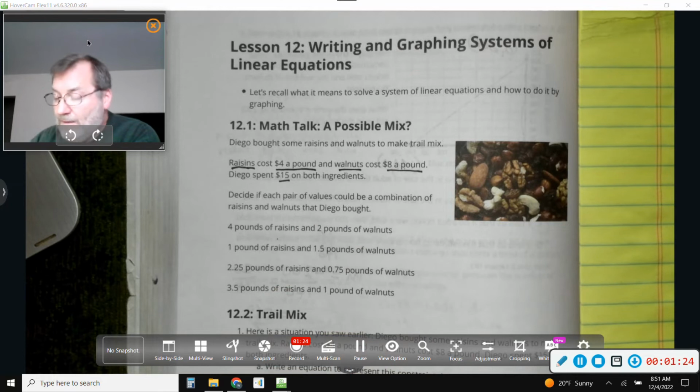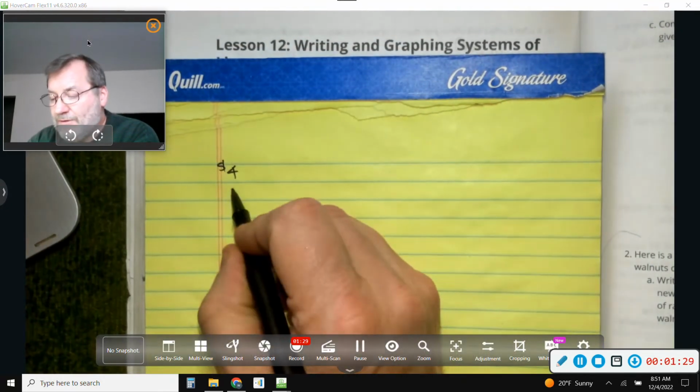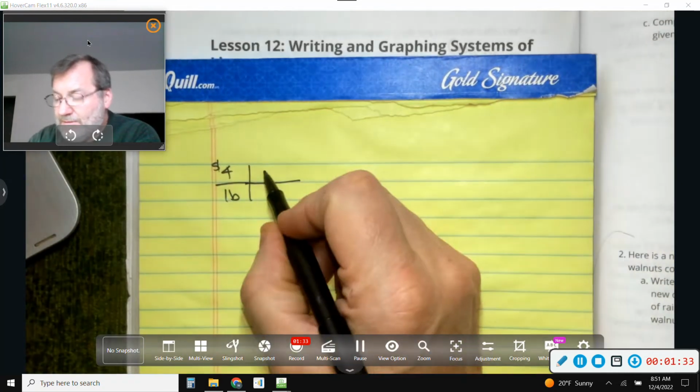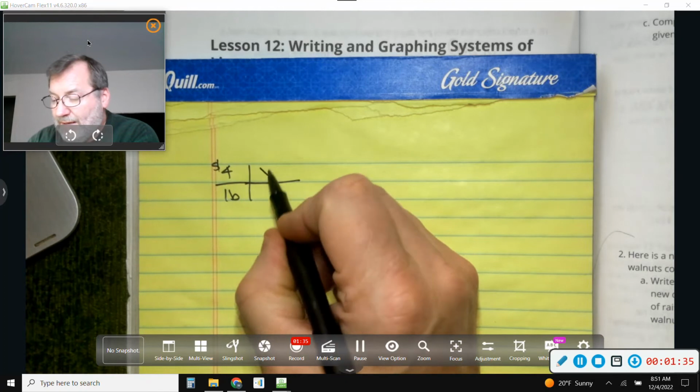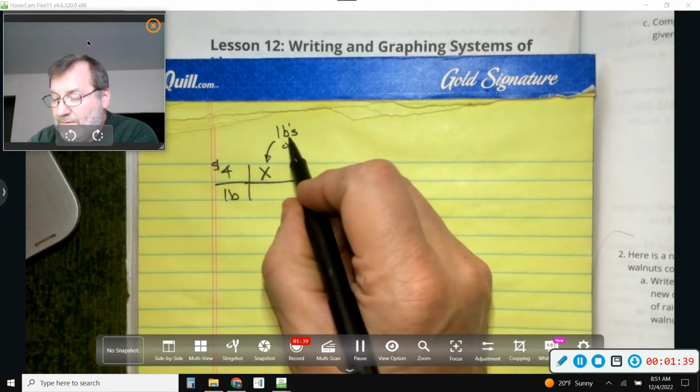Okay, so I can start out that there's $4 per pound of raisins. So this is going to be pounds of raisins, and I'll make it an X, and I'll say pounds of raisins.